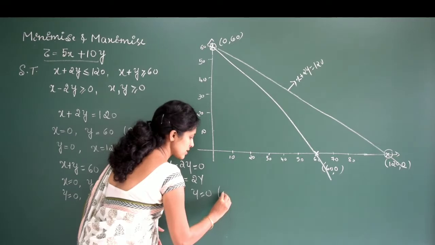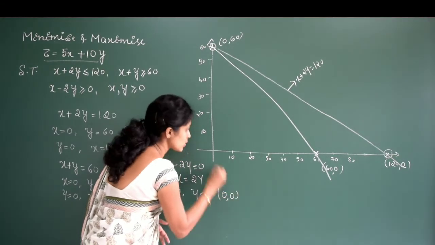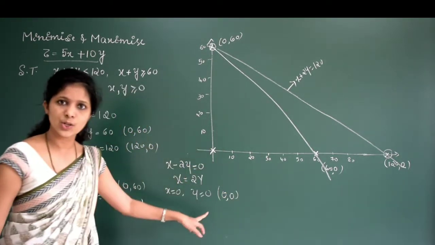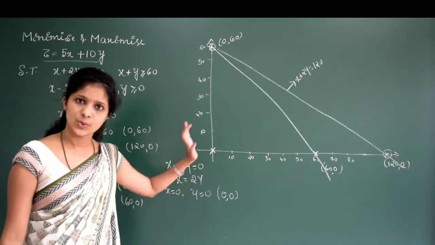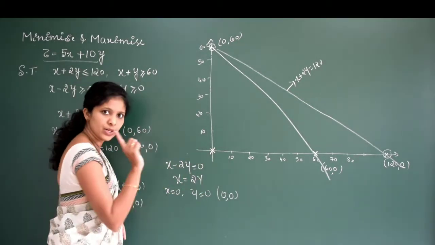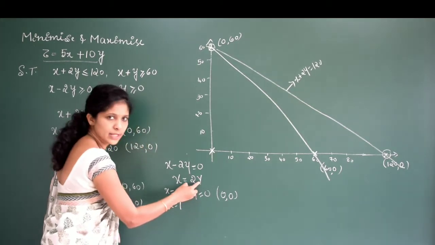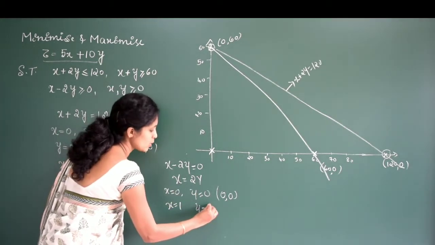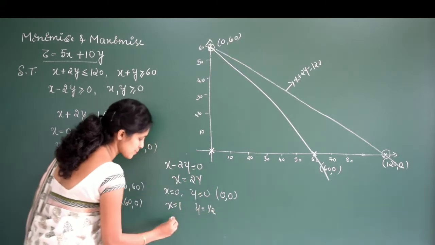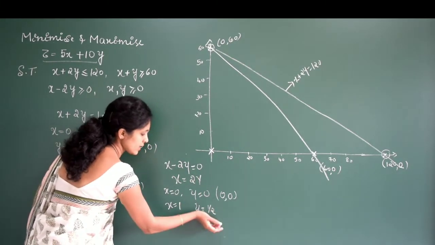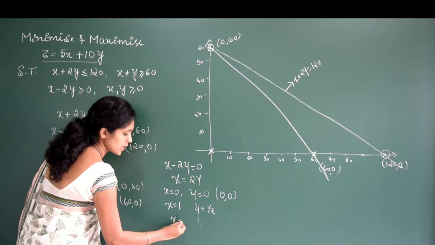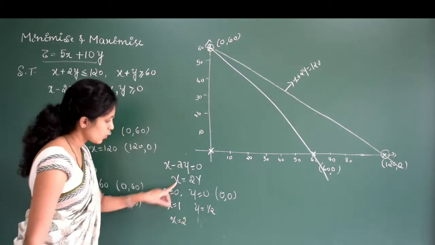So this shows that the line is passing through the origin, the 0, 0 point. With one point we cannot draw the line, so we substitute one more point. If x is 1, what will be the value of y? y is equal to 1 by 2. Or you substitute y is equal to 1, anything, or you substitute x is equal to 2. If you substitute x is equal to 2, what is the value of y?